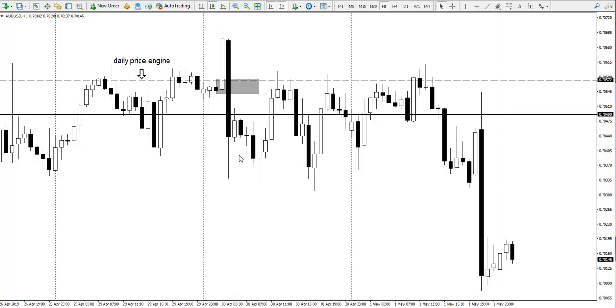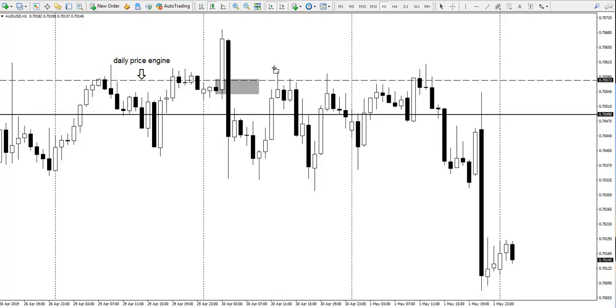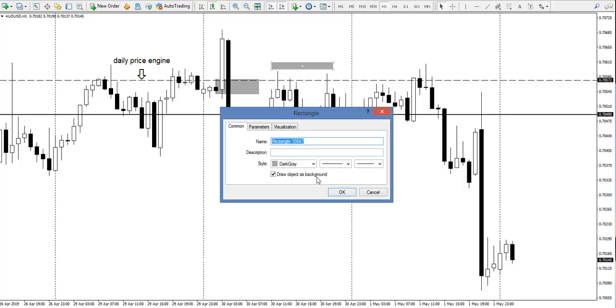So this particular move up then down is somewhat of a market structure break to the downside. And on that particular day, this liquidity pool was created.